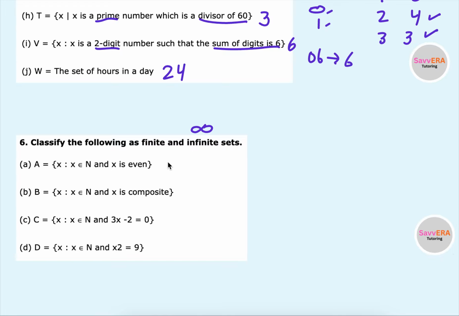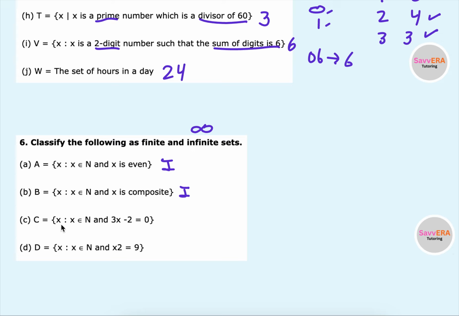So therefore, we're going to say this is an infinite set. Next one, set B, it says x is in N and x is composite. So that also can be any number. So it is an infinite set.